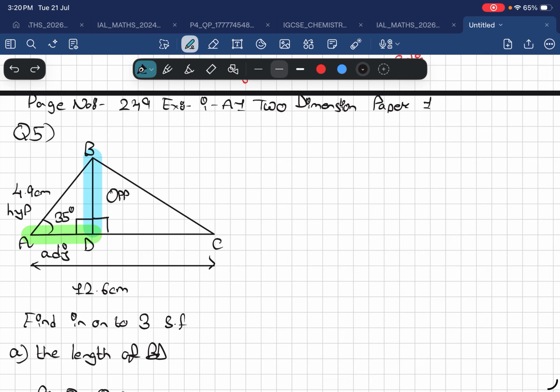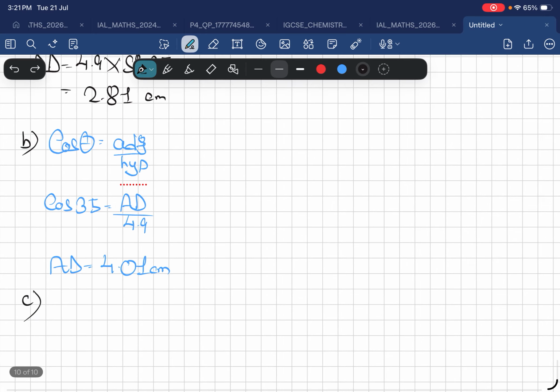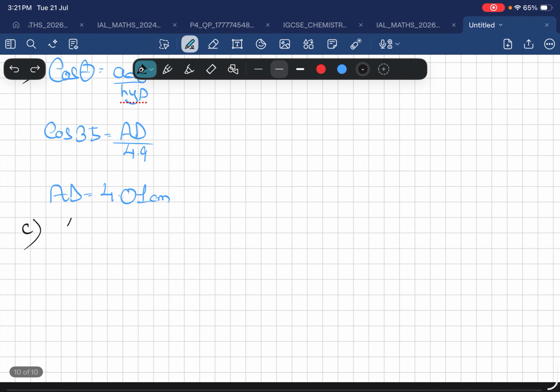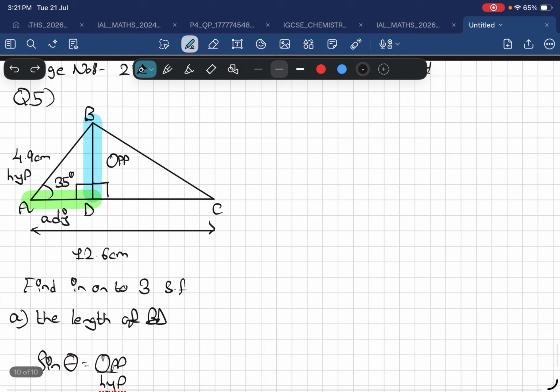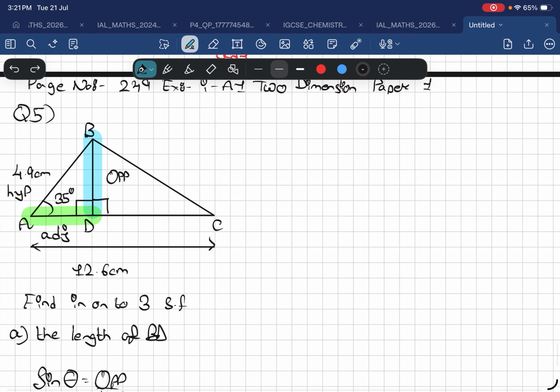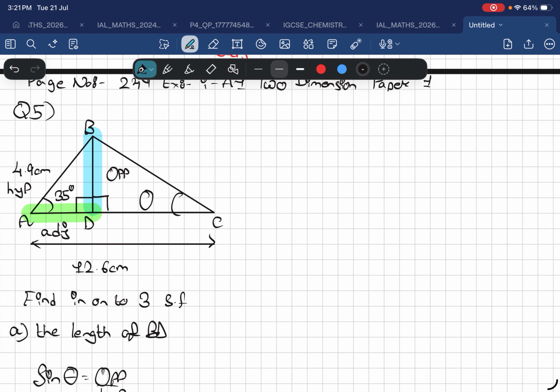So the middle letter is C. If you check the triangle BCD, they told us to find this angle. We don't know this angle. Okay, let's find out.